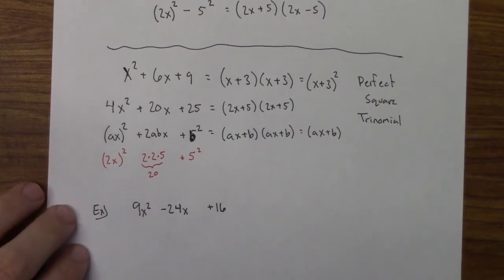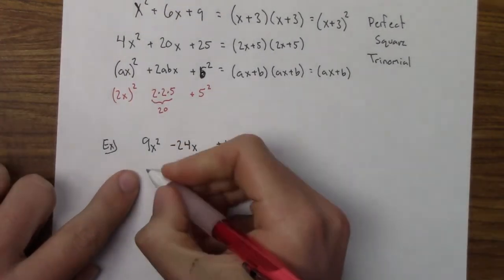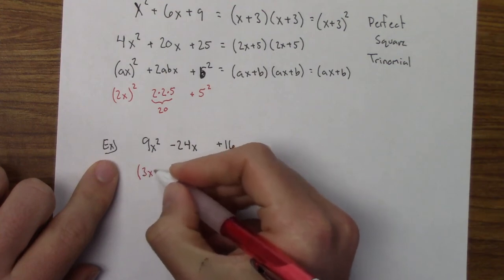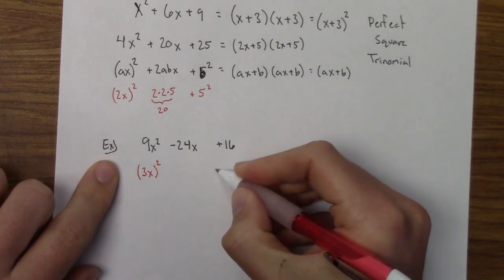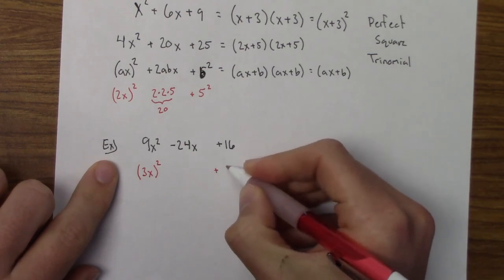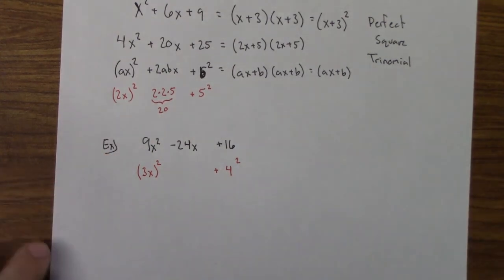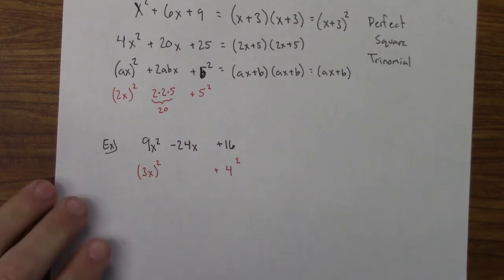So let's take a look at this problem right here. First up, my first spot is a perfect square. That 9x squared can be rewritten as 3x squared. My second spot, I've got that 16. That 16 can be rewritten as a 4 squared. I need to check to see whether these numbers fit to make that middle term.